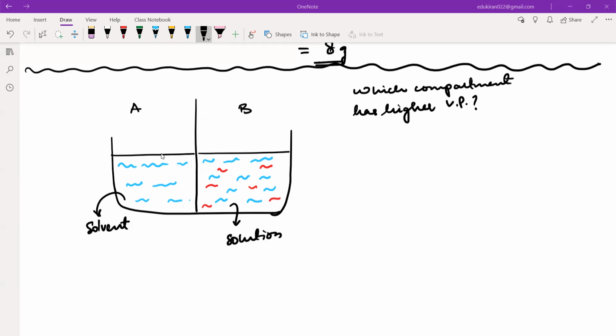It is related to vapor pressure of solvent and solution. Try to remember what the topic should be. बताइए Minashi, tell me what should be the topic. Mazia?